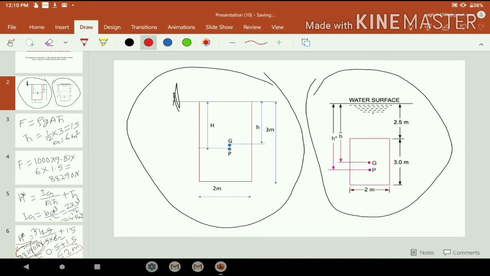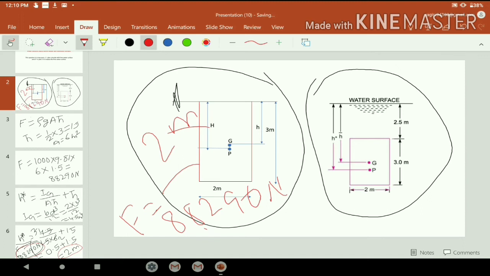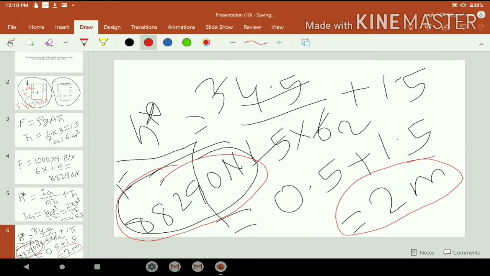It means that this H is 2 meter, and the total force acting is F equal to 88290 Newton. Now we move to our next.